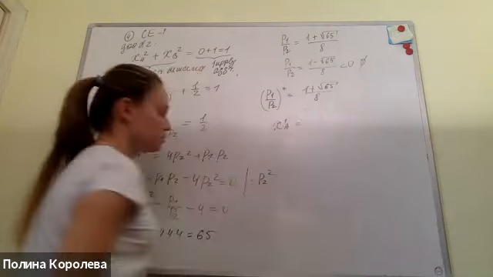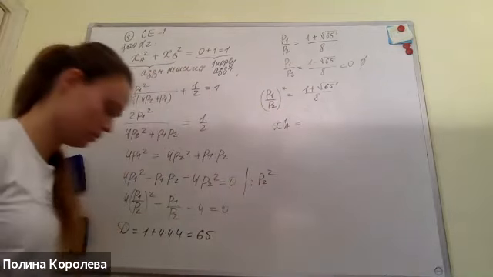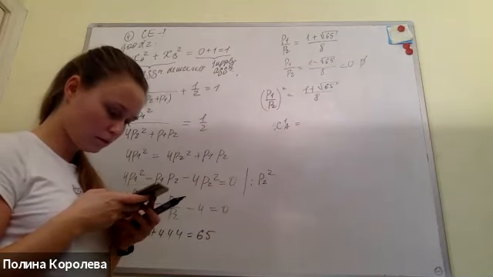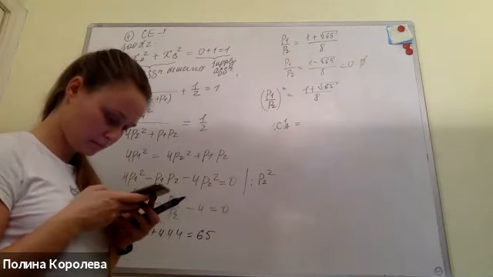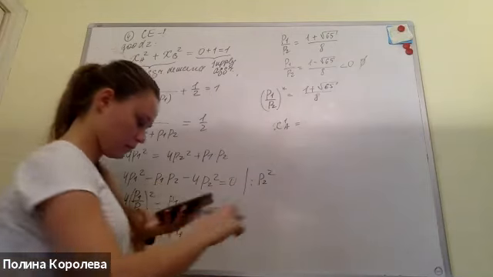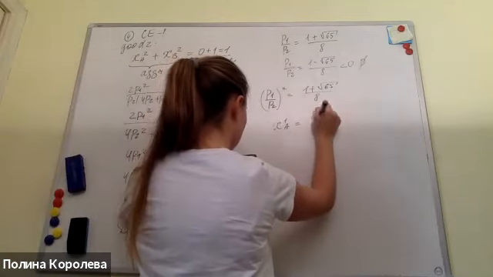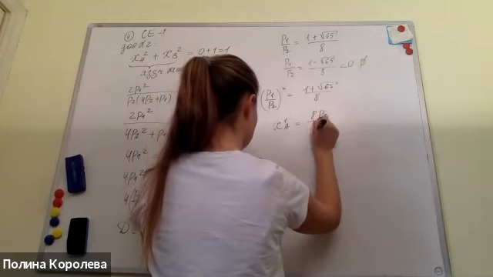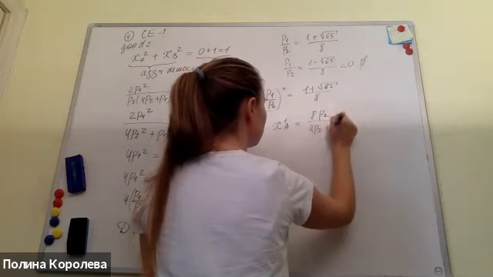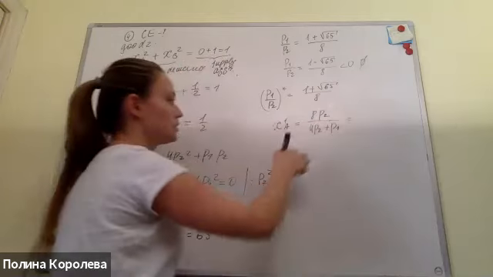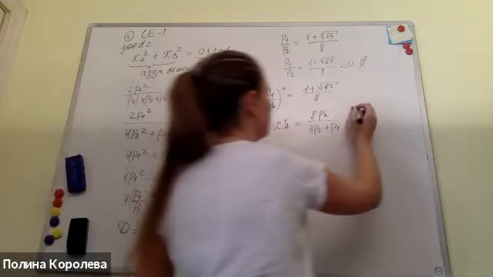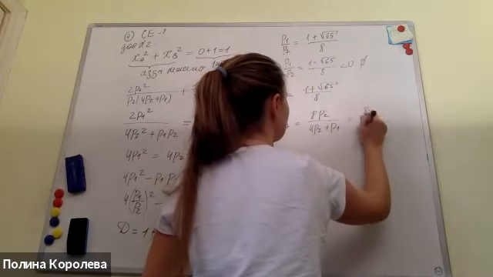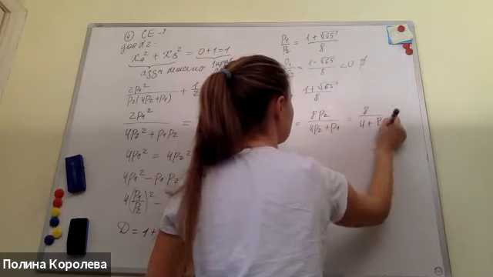X1A will be equal to how much? I forgot the demand. Let's see. X1A is 8P2 divided by 4P2 plus P1. Let's divide everything by P2. This will be 8 divided by 4 plus P1 divided by P2.